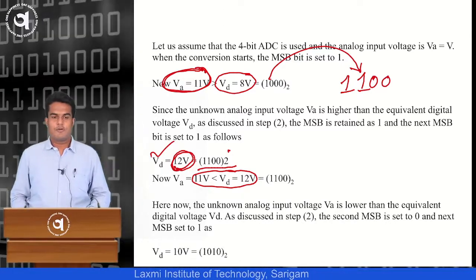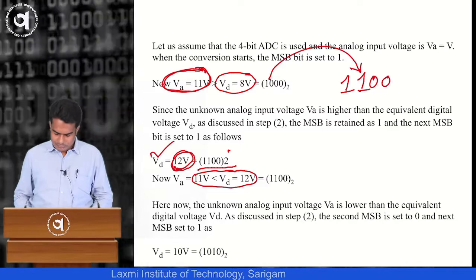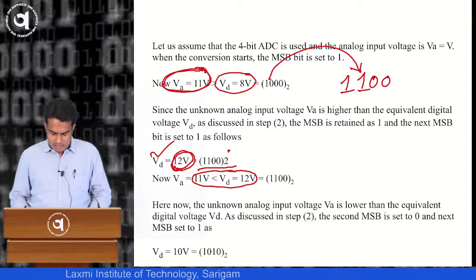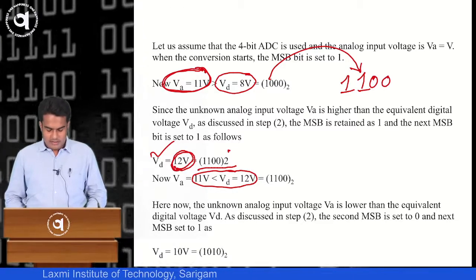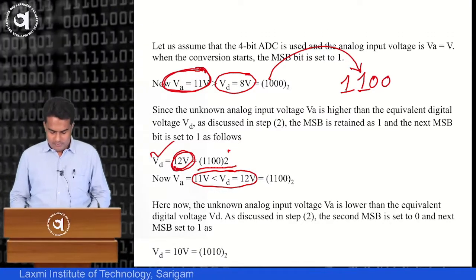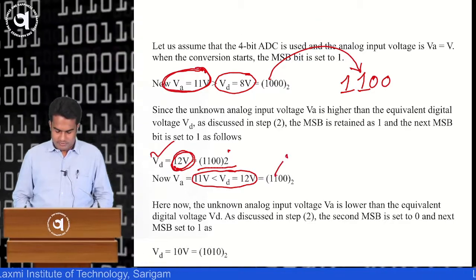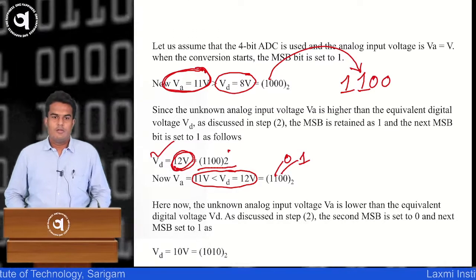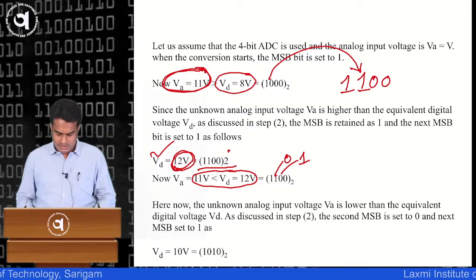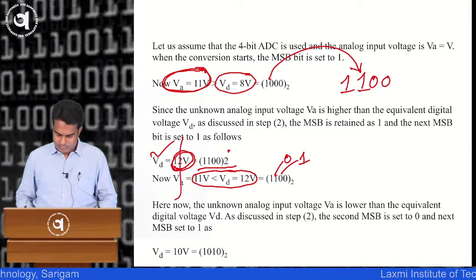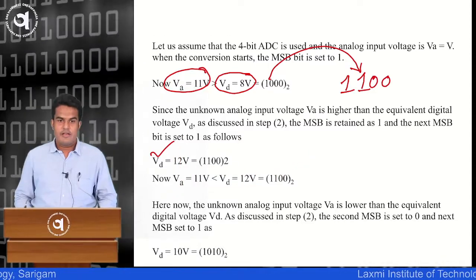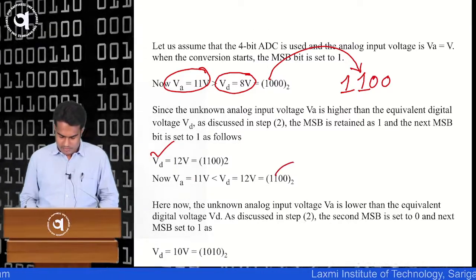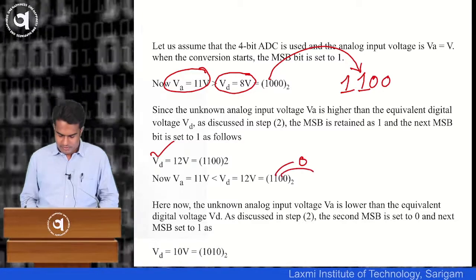So the approximation process will continue. According to the principle, when the digital value is higher than the analog value, this bit will become 0, and the next bit to it will become 1. So we can see in the next step, VD equals 10 volt: this bit will be 0, and the next bit will be 1.